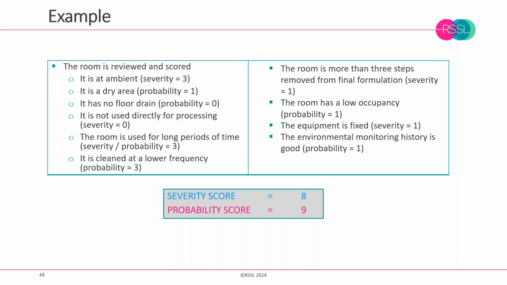It scores 1. The equipment never leaves the room, so again, it scores on the lower side, 1, and it has a relatively good environmental monitoring history. So we end up with our 2 scores: a severity of 8 and a probability of 9.